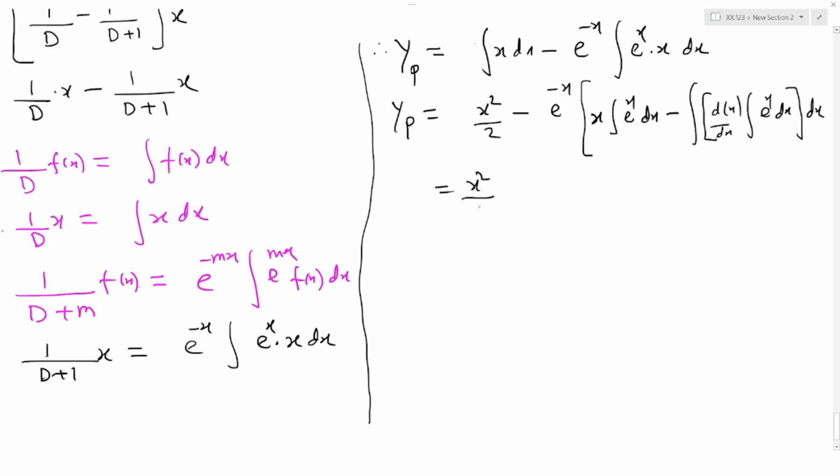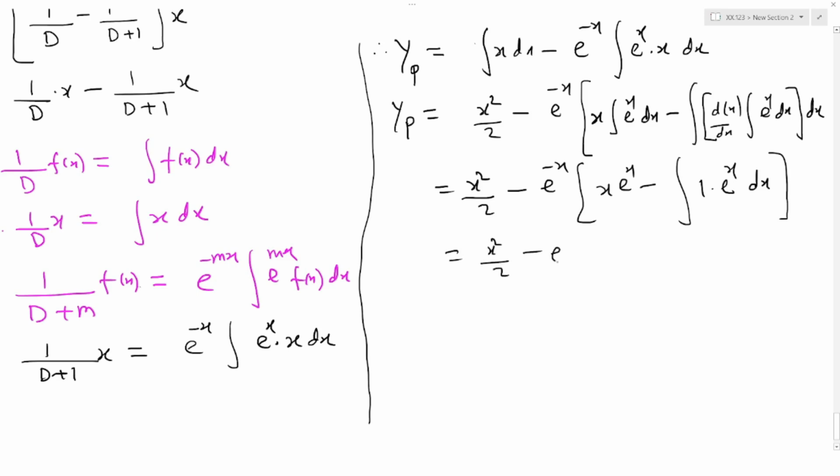This equals x square upon 2 minus e raised to minus x, (x e raised to x minus the derivative of x which is 1, times integration of e raised to x dx again). So this equals x square by 2 minus x e raised to x into e raised to minus x plus e raised to minus x into e raised to x. This equals x square upon 2 minus x plus 1. This is the value of yp.